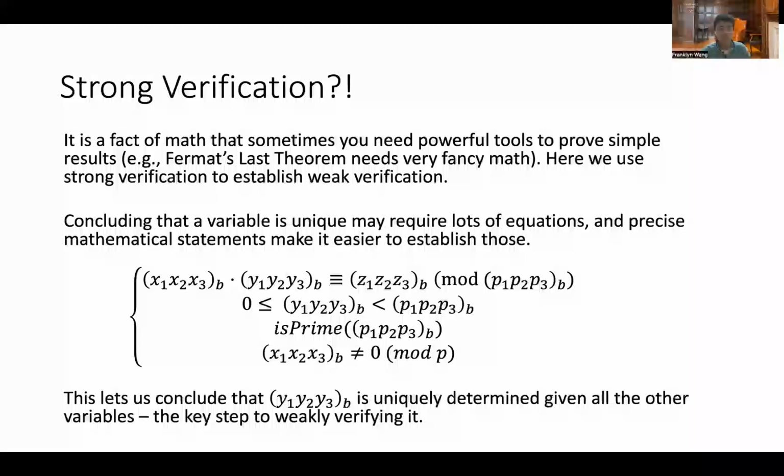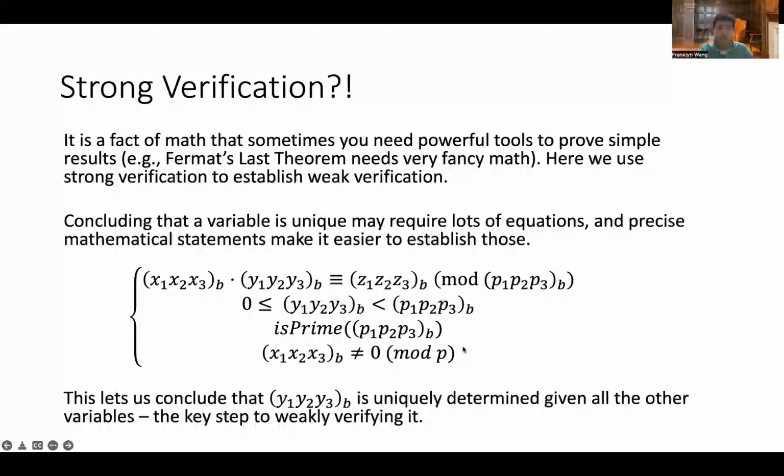So suppose that, and these are obviously not QAP constraints, they're way more complicated, we had that x1, x2, x3 times y1, y2, y3 was equivalent to z1, z2, z3 modulo p, that y was between 0 and p, that p was prime, and that x1, x2, x3 base b was not 0 mod p.